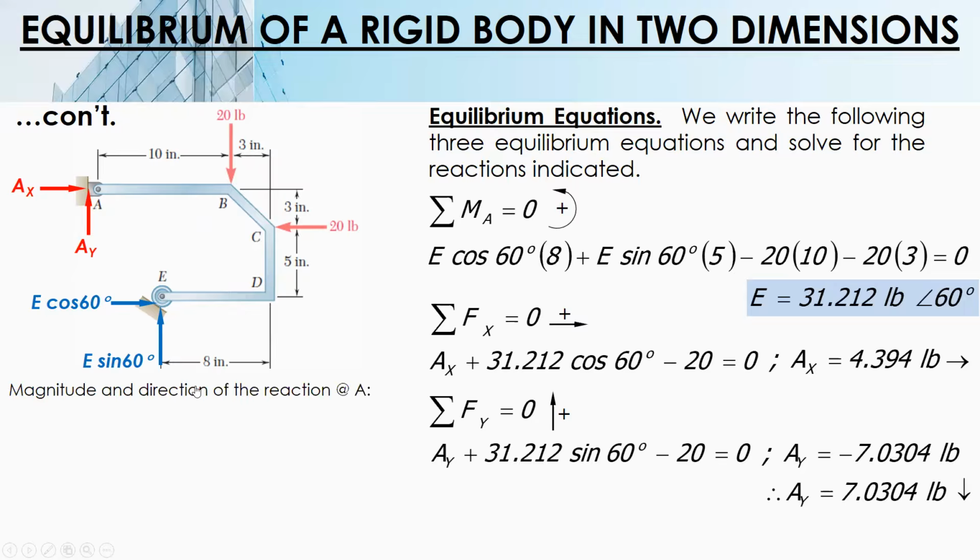So we get the magnitude and direction along X and along Y. And then the diagonal is the resultant, and then the angle also.